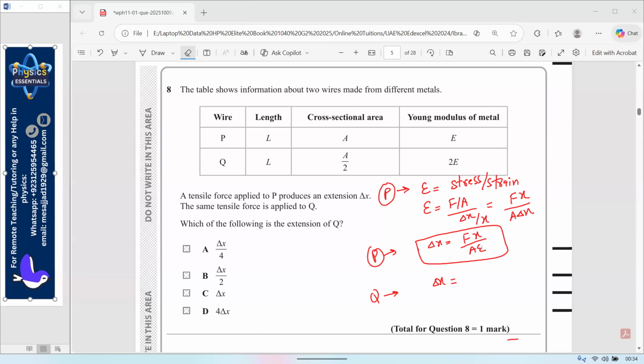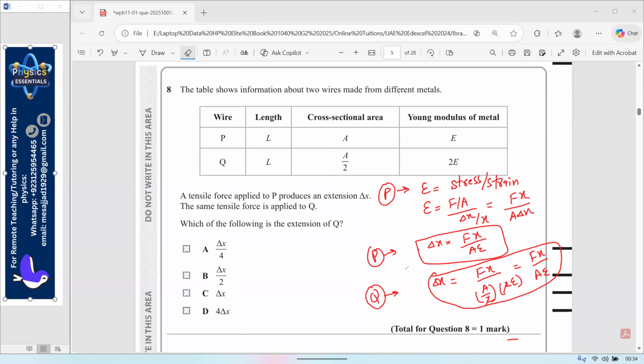So you are going to write it as it is. You are just putting area as a half area and Young modulus as 2E. So this 2 got cancelled with 2. So again, you got the same extension as you have for P. Therefore, Q and P will have the same kind of extension.